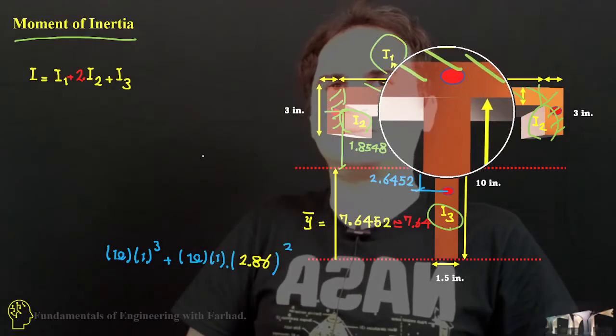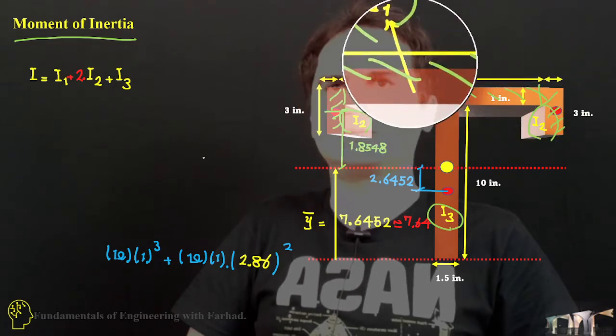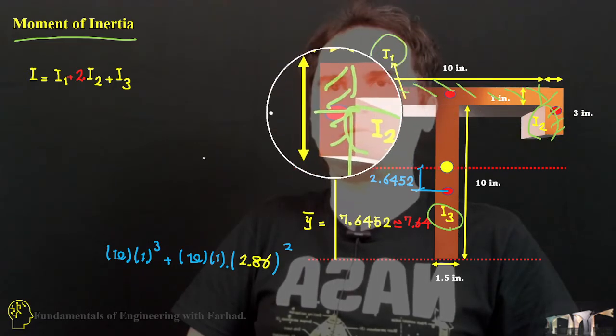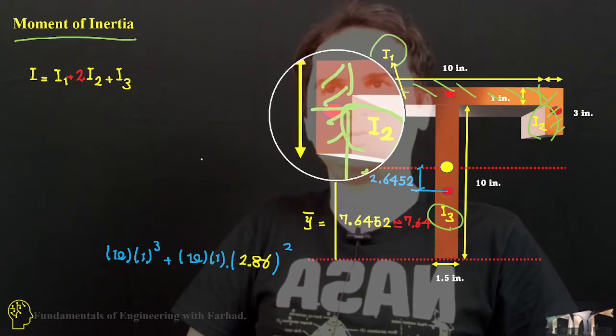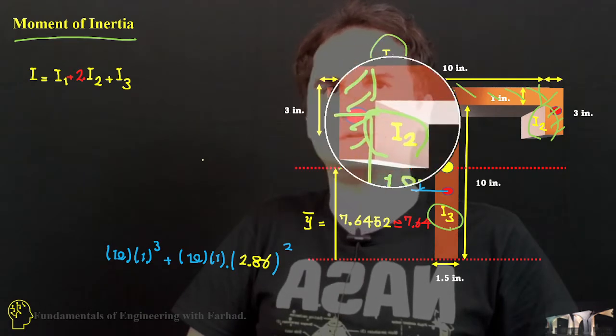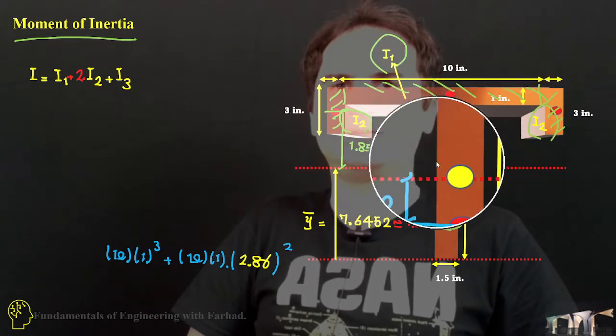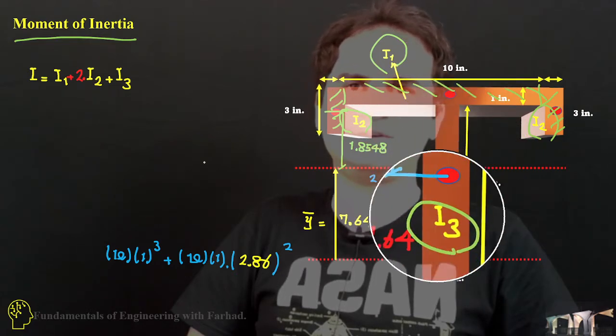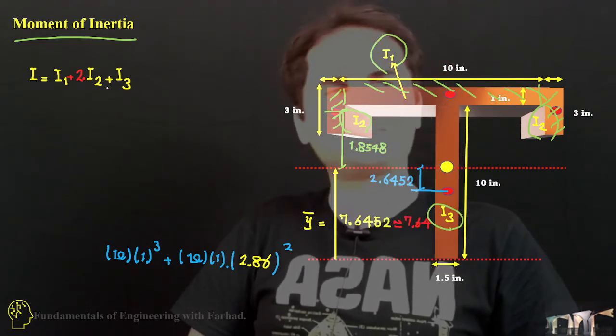So we have a top flange like A1, we have two of these extra parts to the top flange, which we call I2, and there is a web at the center, which we call I3.